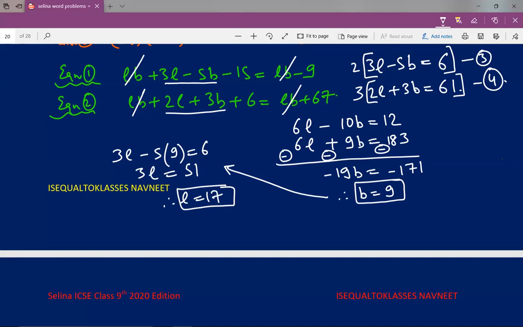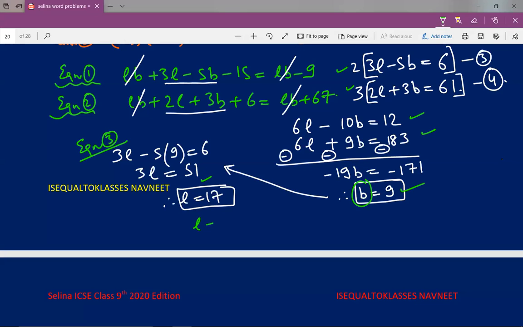Okay, let me take you through how I have solved this. I have multiplied equation number 3 by 2 and equation number 4 by 3. So these were the resultant equations. I've subtracted them. I got the value of B as 9. Then I took the value of B and put it in equation number 3, and I got the value of L as 17.